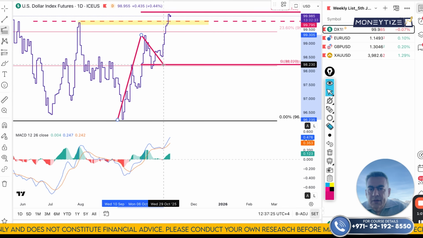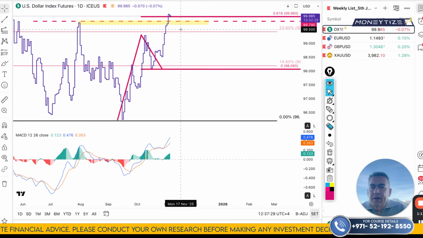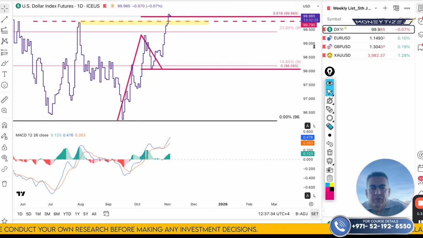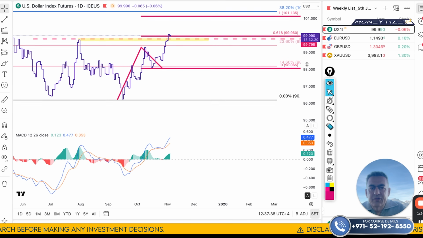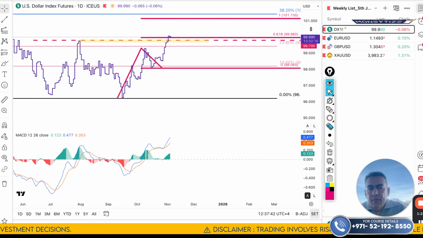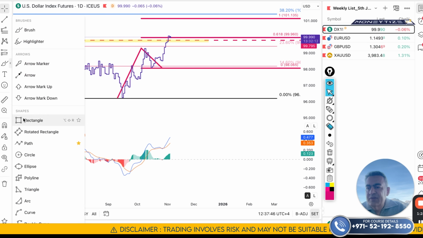Point A to be connected, and now I'm connecting with point C here. So currently dollar index has reached extension level of 61.8. So we can expect a short-term pullback here from the current level, but the next extension hints towards 100%, that is 101.13, in confluence with fib retracement 38.2. So this is going to be our next magnet zone.